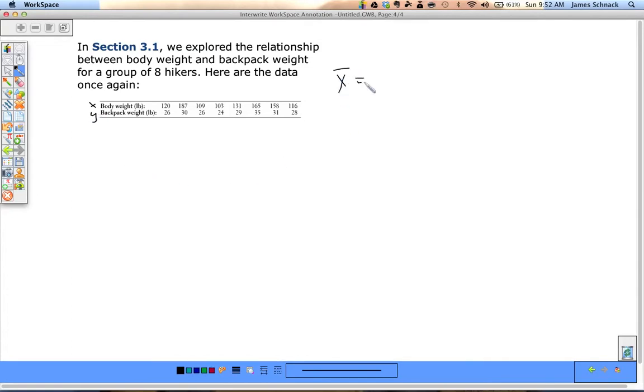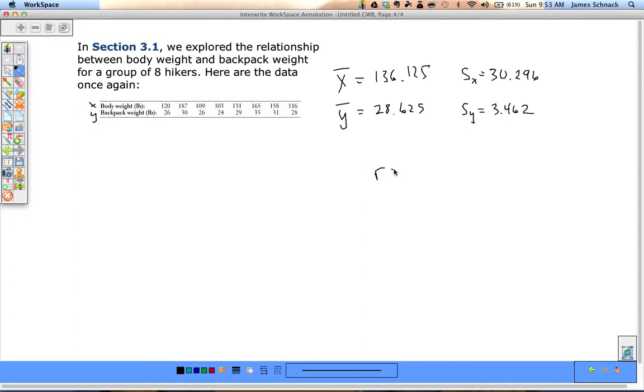We can find x bar is equal to 136.125. And the standard deviation of those x values can be calculated to 30.296. Y bar can be calculated to be 28.625, and the standard deviation of the backpack weights is calculated to be 3.462.